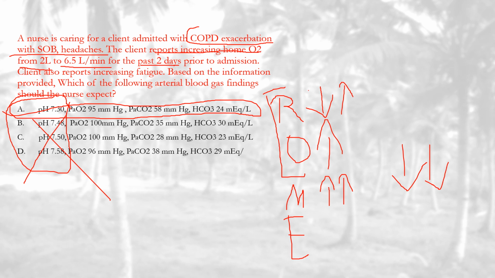So here we go. Like I said, the pH is always going to be in the driver's seat. Whichever one, the respiratory or the bicarb, follows the pH, that is going to be your acid-base imbalance.